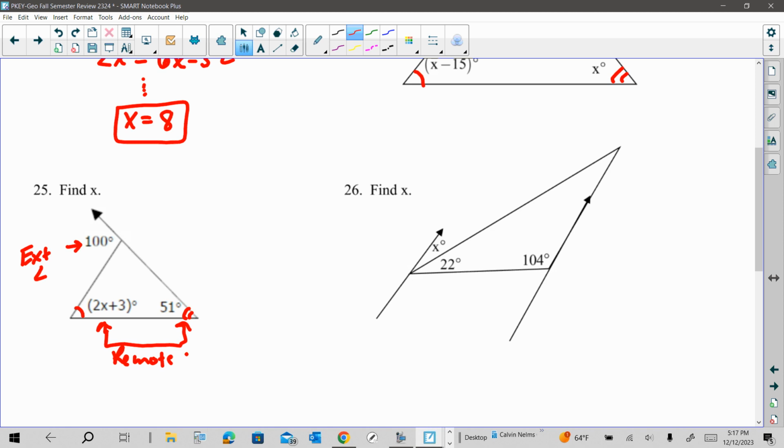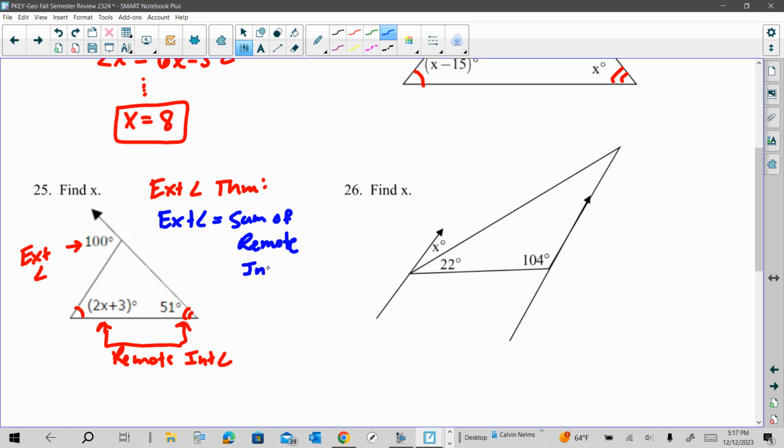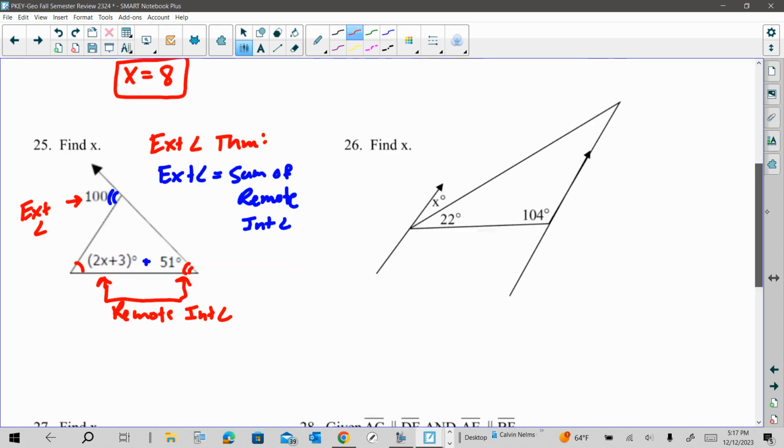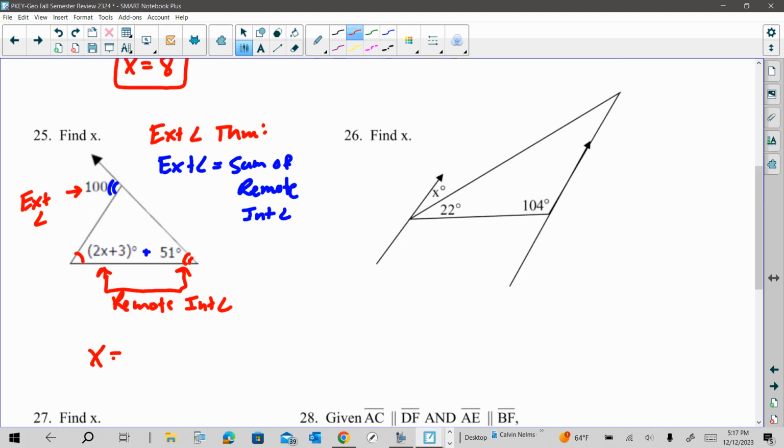So here you need to be using the exterior angle theorem, which states that your exterior angle equals the sum of the remote interior. So what's outside here, this 100, equals these two added together. That's our setup, and once you set it up, you should end up with x equals 23.